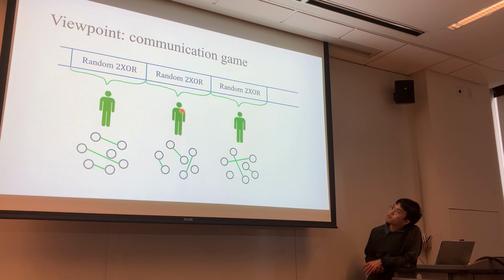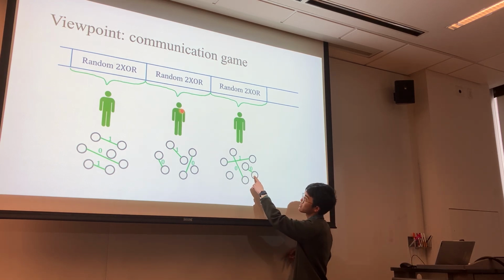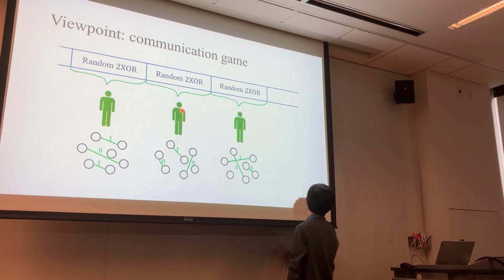Even more than that, we're going to give them a random 2XOR instance, which is like, on the edges of the matching, we're going to add a label of 0 or 1. So each of these edges can now be thought of as a 2XOR equation that says that this variable and this variable must have an XOR value of 0.